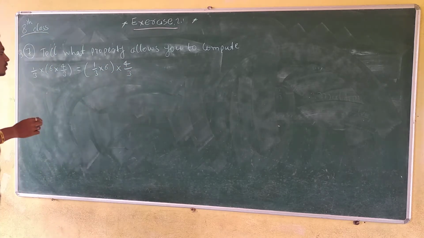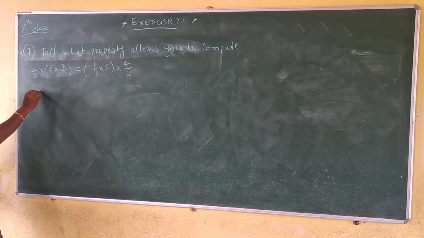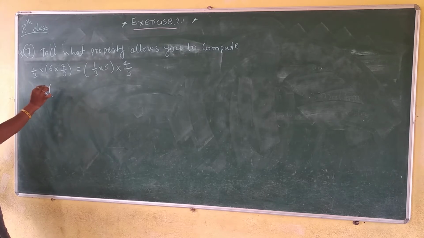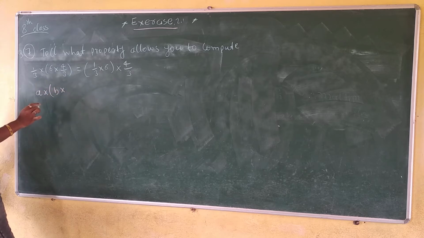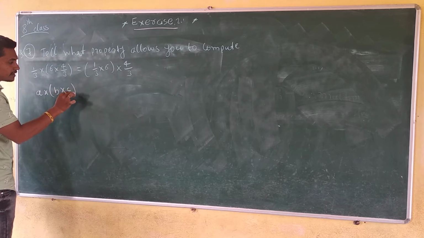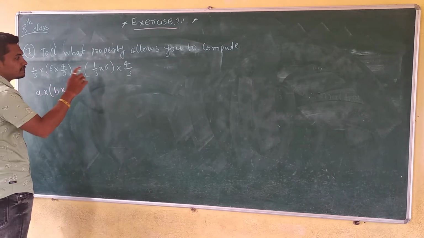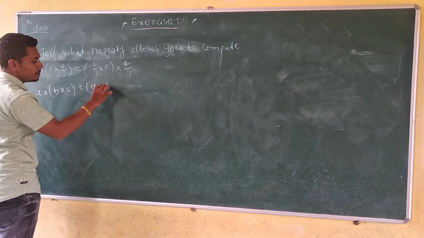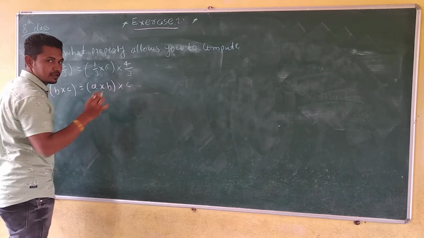Take 1 divided by 3 as a, 6 as b, and 4 divided by 3 as c. So a into (b into c) is equal to (a into b) into c.